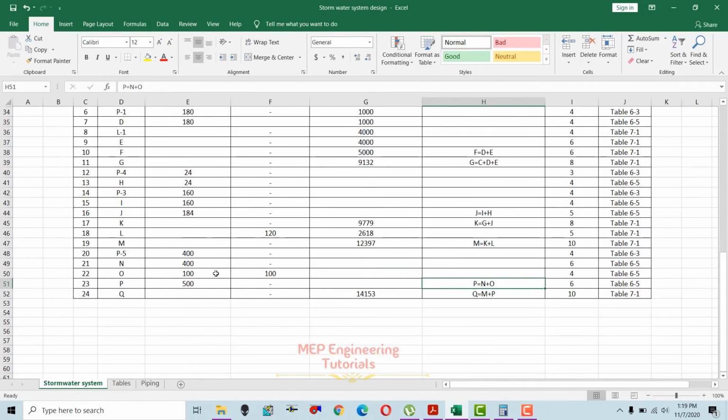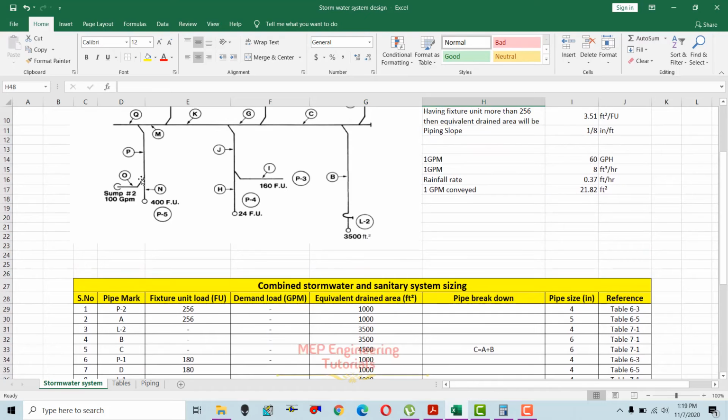So the total fixture units at point P will be 400 plus 100, that is 500 fixture units in here. So again this is the horizontal run out here for the drainage system. There is no stormwater pipe in here, so we can use table 6-5 to do the sizing for section P.